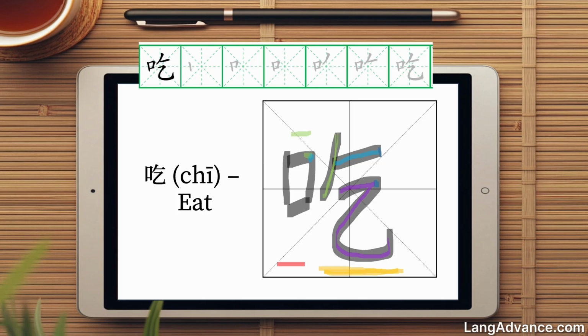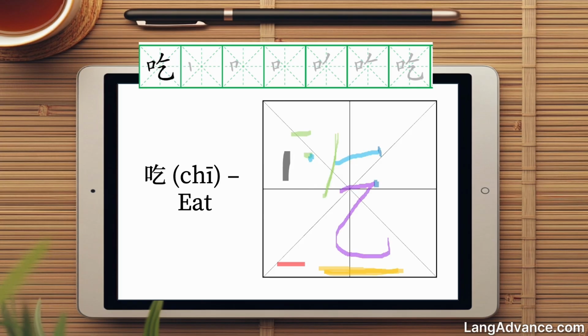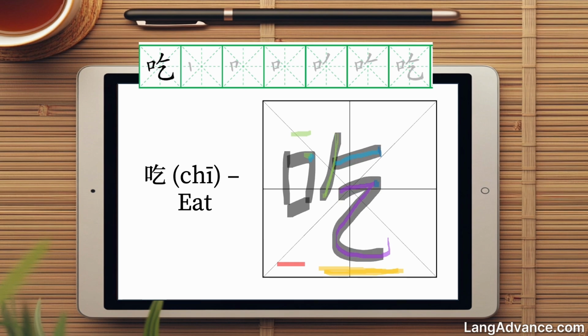As long as you get the proportion right, your words won't look weird. Now let's see how you write that again. 1, 2, 3. Cool.